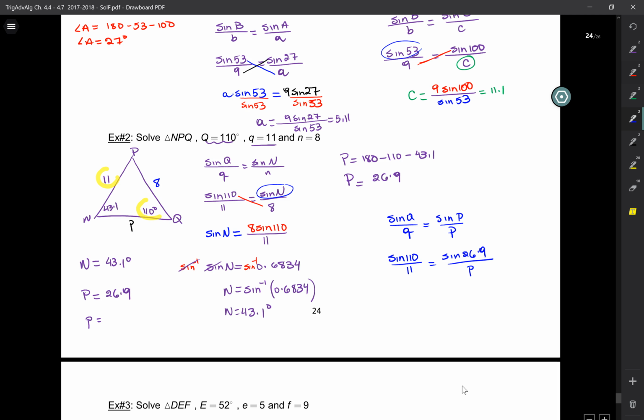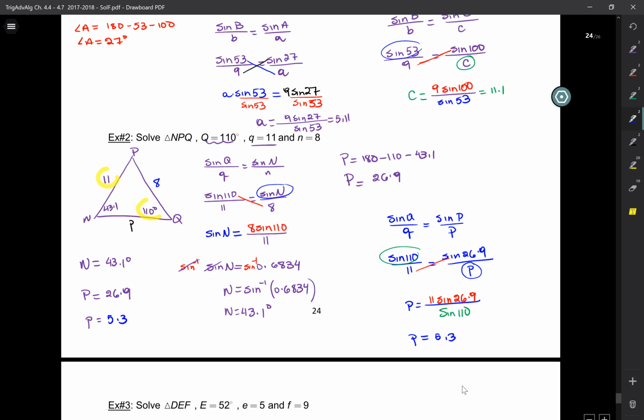Okay, p is my unknown. So that equals fraction bar. What's the diagonal where everything is given to me? Here, 11 sine 26.9. Which one haven't I used yet? Sine of 110. We plug it into the calculator, and p is 5.3.